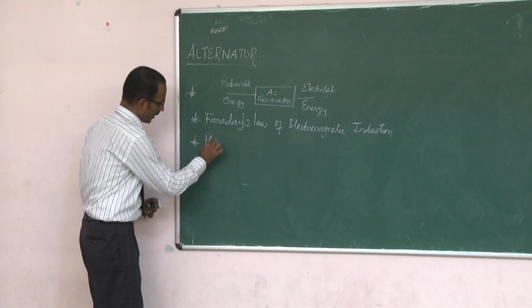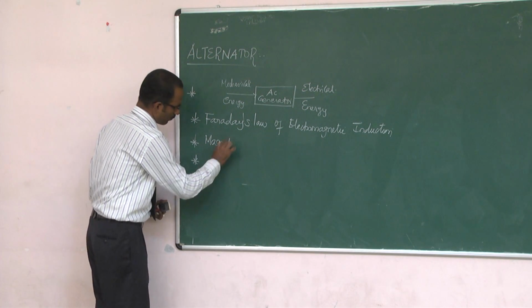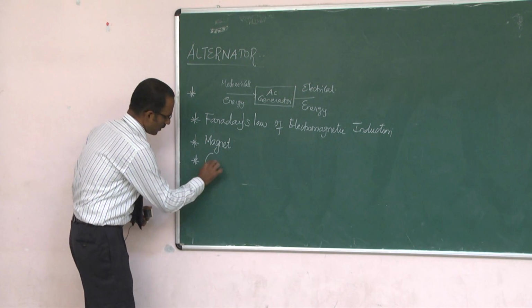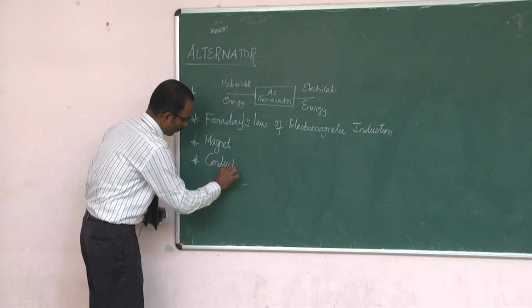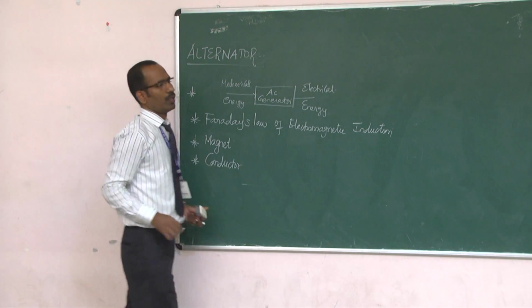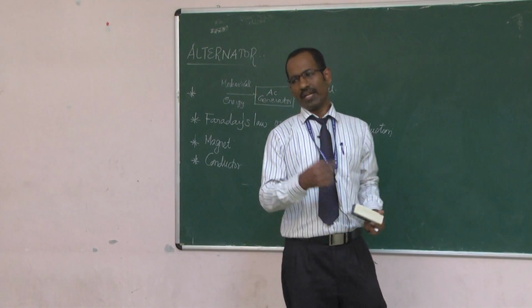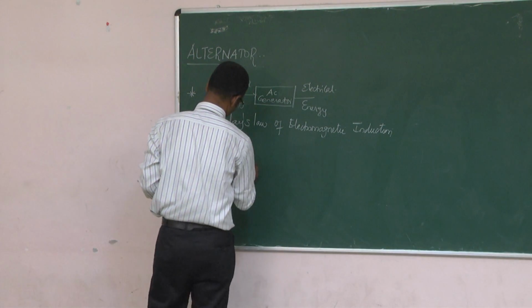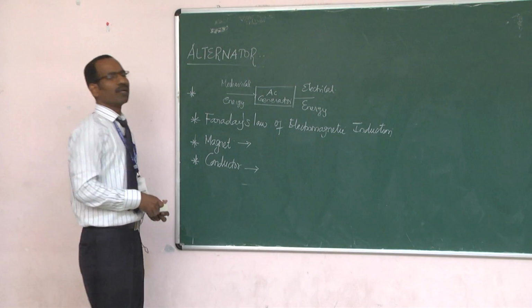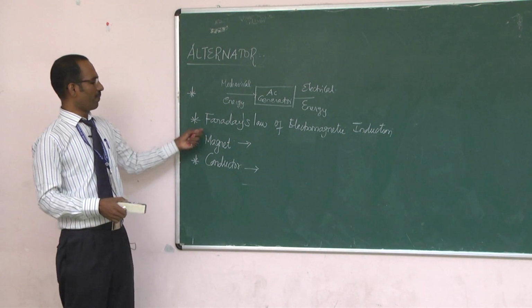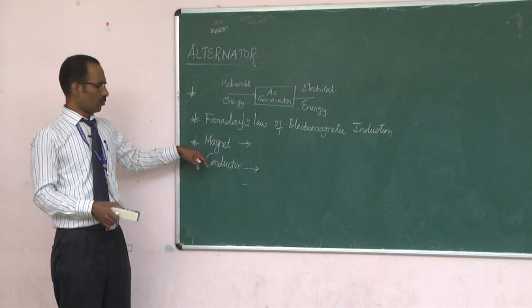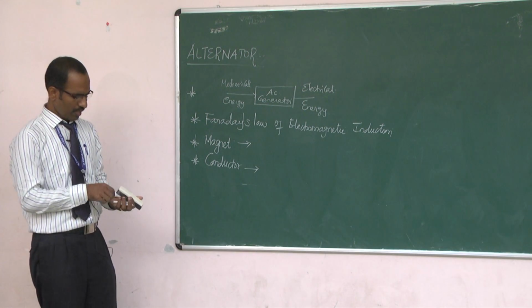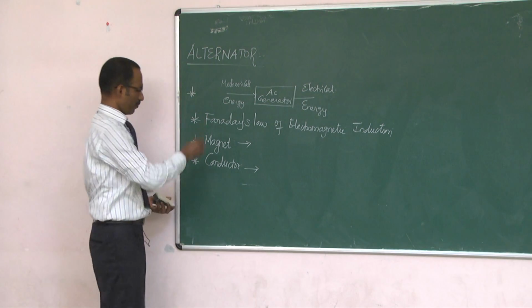One is the magnet, another one is the conductor. As per Faraday's law, we can induce the EMF in any conducting material, either the conducting material is the movable one or the magnet is the movable one. Among these two, any one must be a stationary part, the other one must be a rotating part.